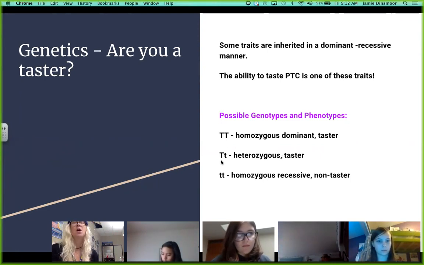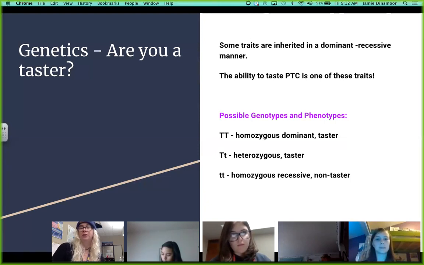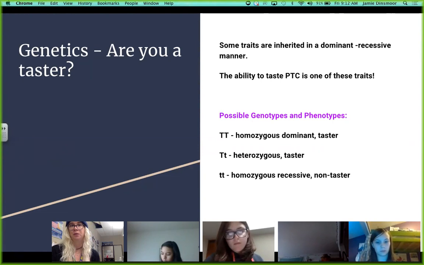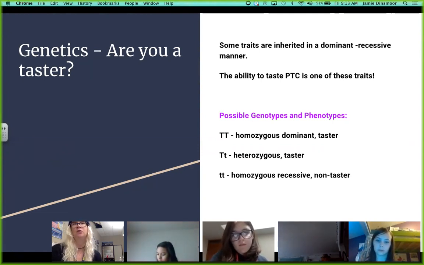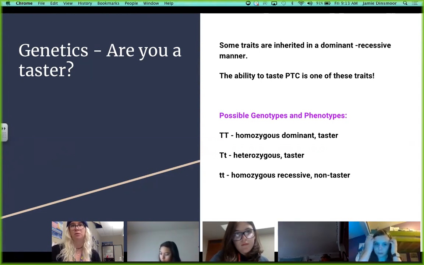It could be any letter here, where you have one dominant trait and one recessive trait or allele. Or you could be homozygous recessive, where you have two recessive alleles, right? Those are the combination possibilities. If a trait is truly a dominant and recessive trait, then you only have two possibilities. You either have the trait or you don't.